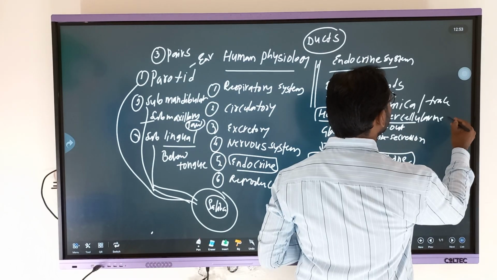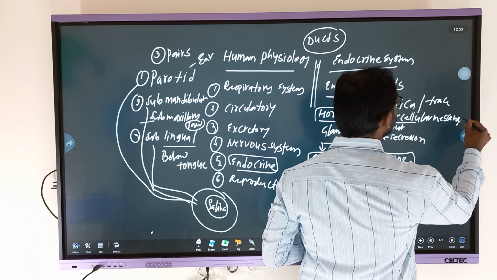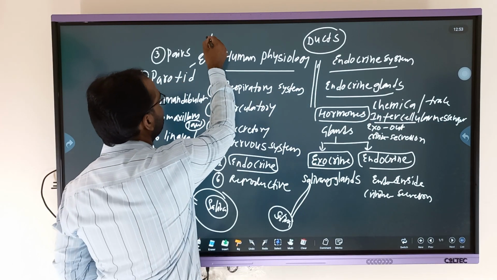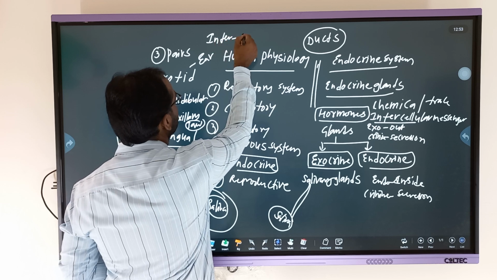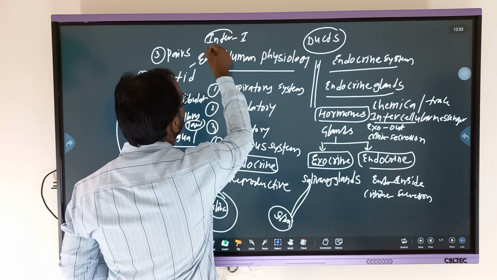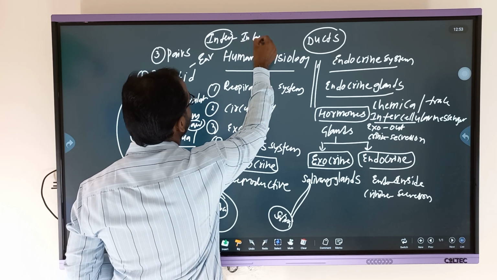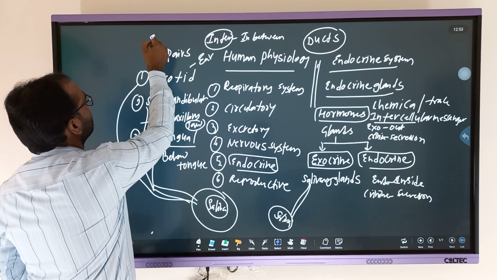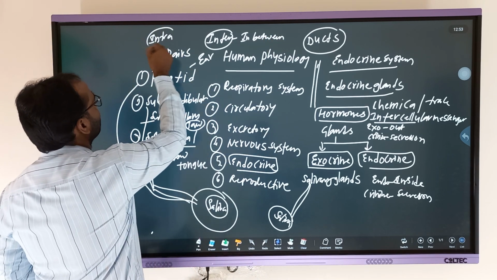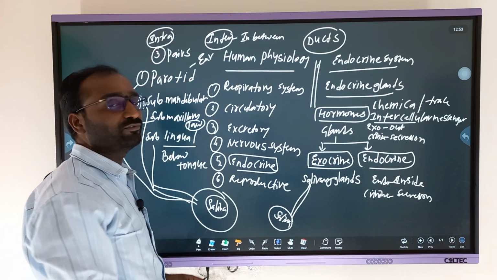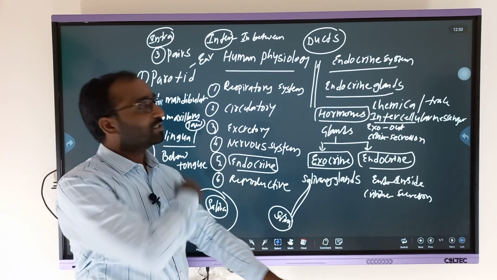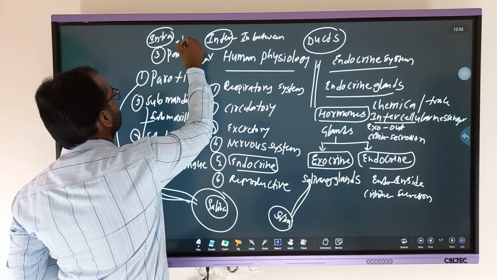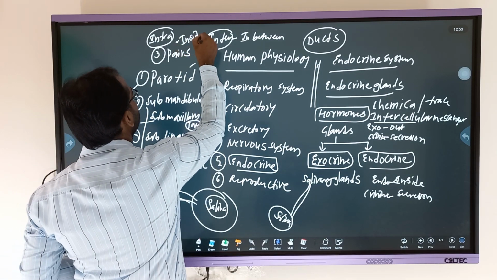Then what do you mean by intercellular messenger? There we should split the term. Inter means between, and one more term is there, intra. Most of the students get confused between intra and inter. Inter means between, intra means inside.